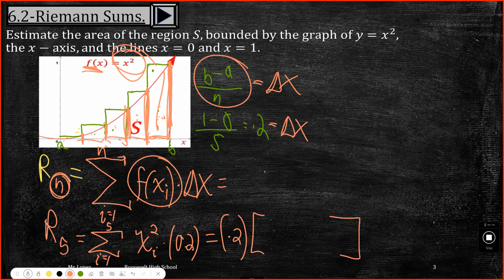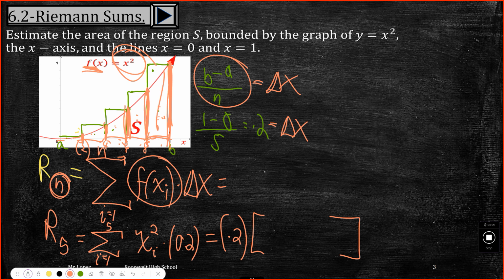What's the height at each point? This is 0.2, 0.4, 0.6, 0.8, and then 1. So you're going to square 0.2, because that gives you the height here. It's the y value of x squared. So what is 0.2 squared?